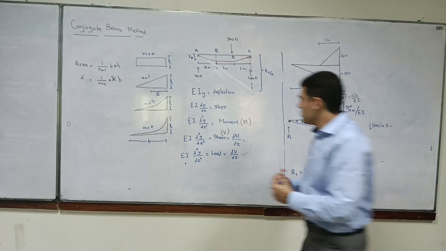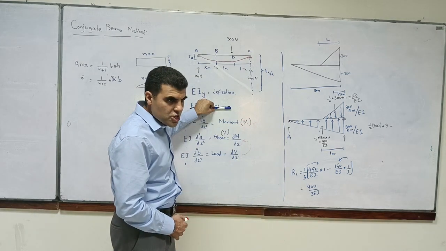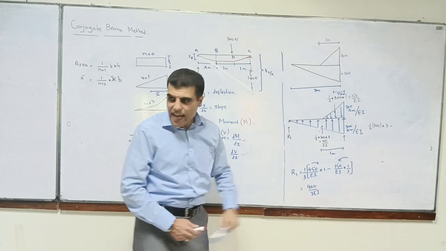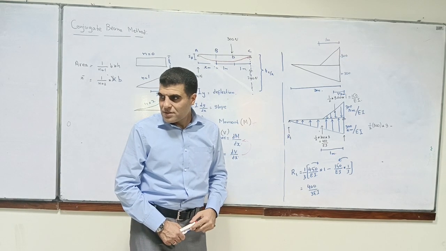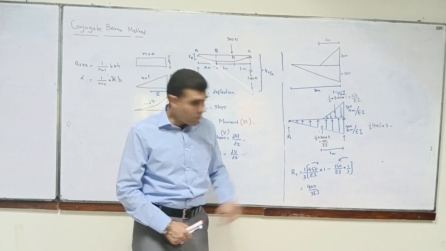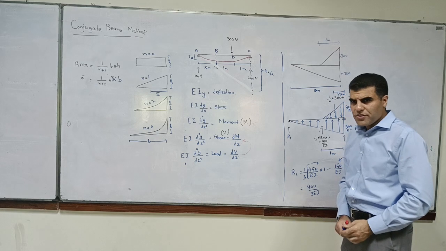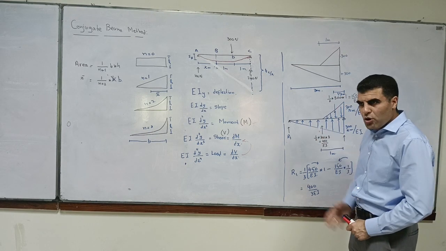Look at this one. Shear is analogous to slope. So this is your slope, the slope at A. Imagine you have two triangular loads.